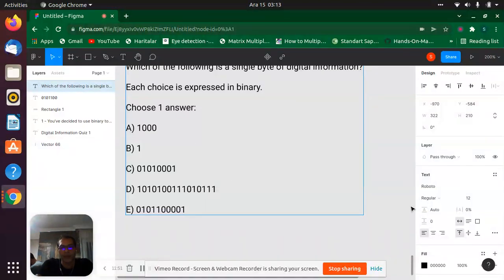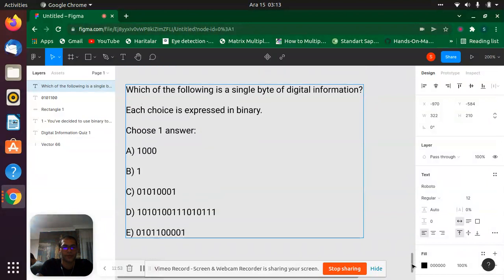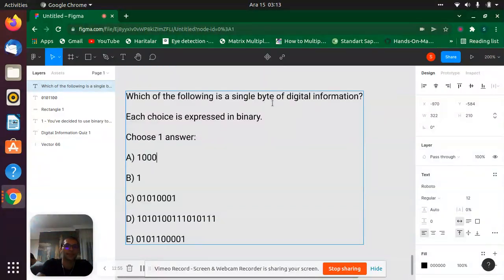I told you, what are we looking for? We are looking for a single byte of digital information. What do you think about a byte? How do you count a byte? How many bits can be a byte? I already gave you some examples, some hints.